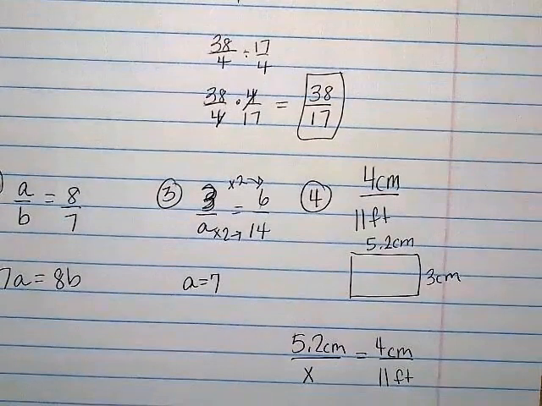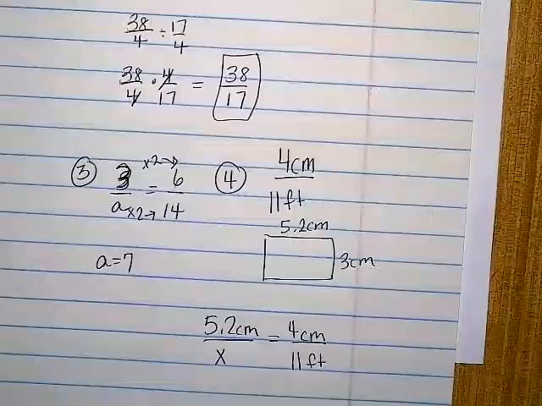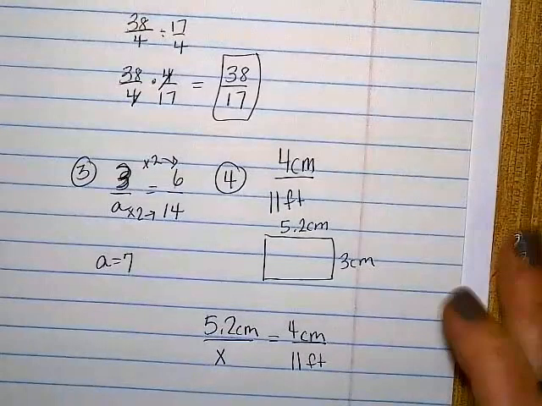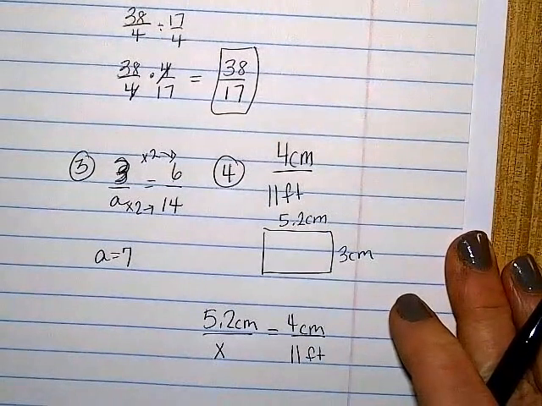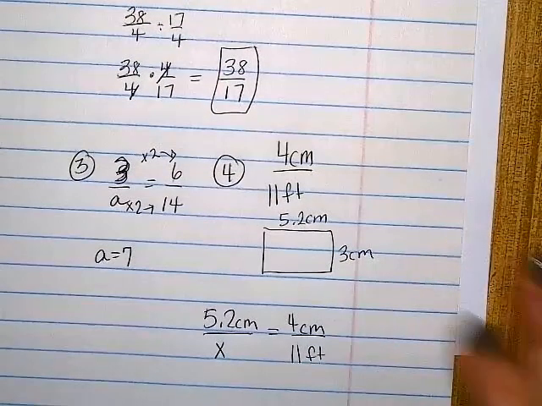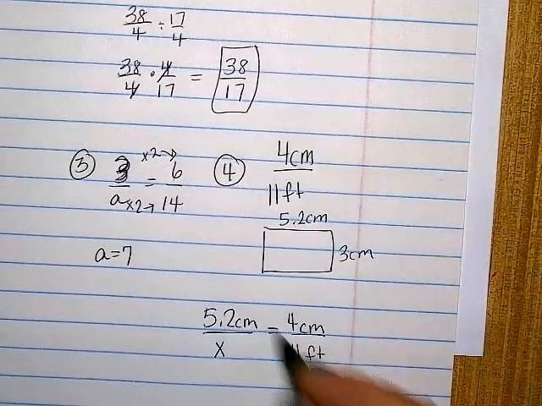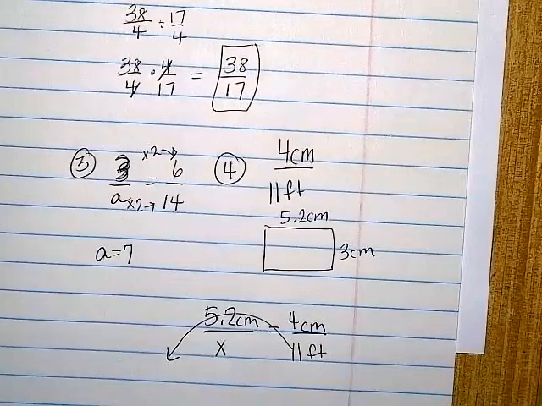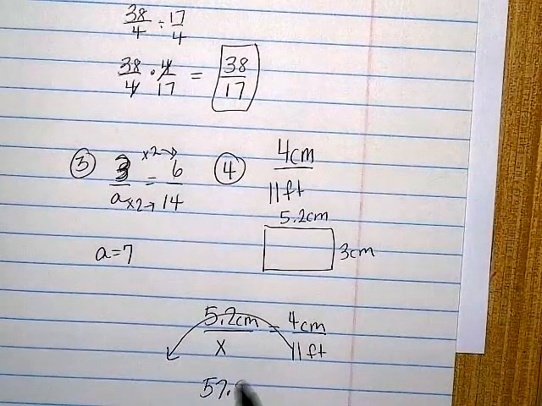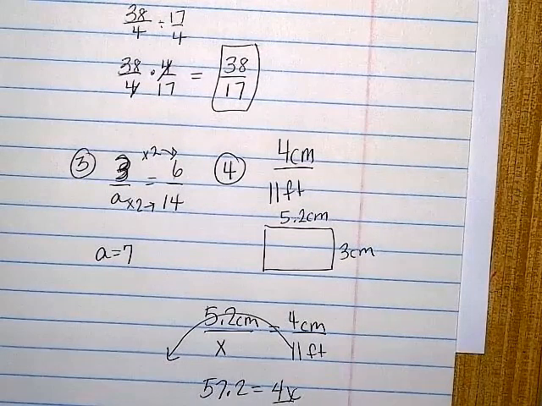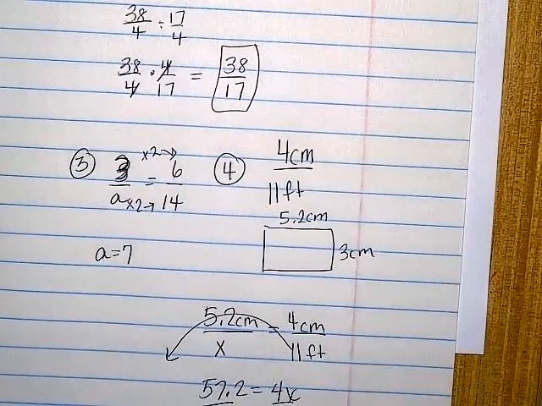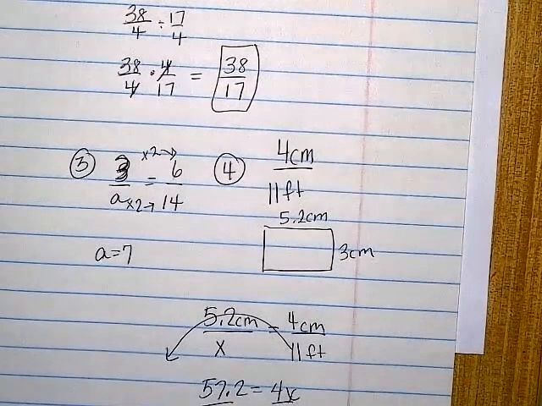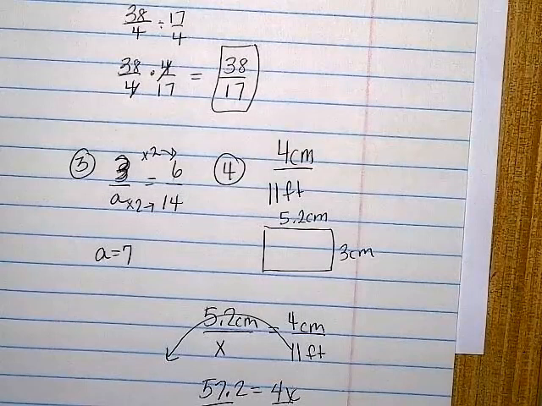And what's the process here? Cross multiply. So we get 57.2 equals 4x, divided by 4. And x is 14.3 feet.